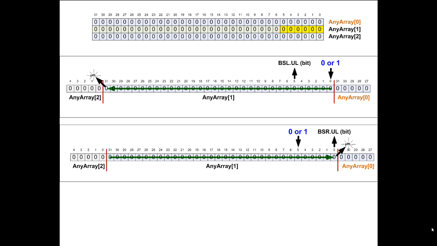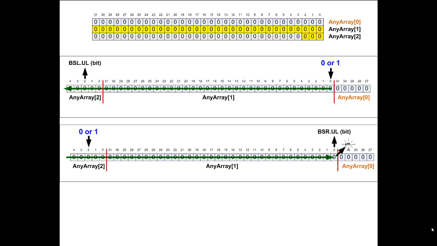With a length of less than 32 bits, as I told you, nothing is going to leave this 32 bits from any adjacent element. And nothing within this 32 bits, any array 1, is going to leave and go to 2 or 0. So nothing comes in from 0 or 2, nothing goes out to 0 or 2.